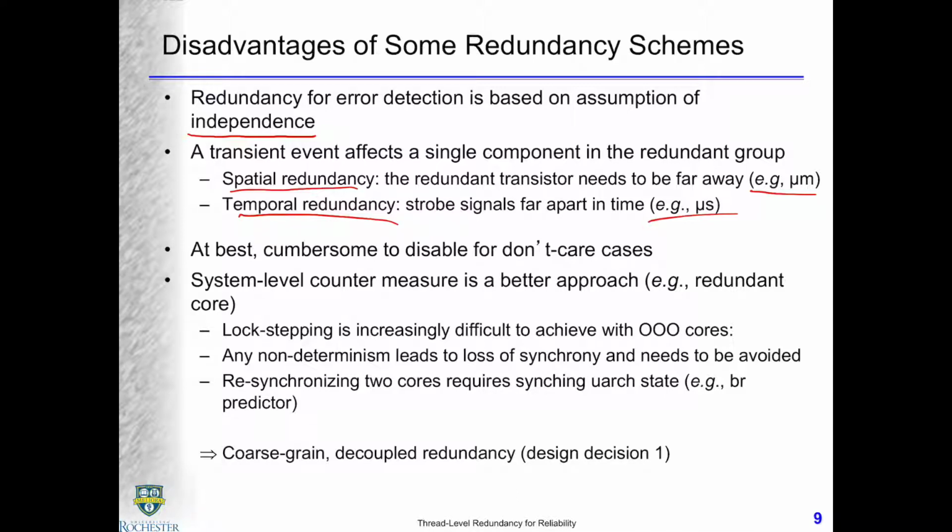So this is why I think redundancy measures should be set at the system level. Us architects can, for instance, engage a redundant core. When the application is important, we allocate 2 cores. They're far apart, so they're not likely to be impacted by the same event.